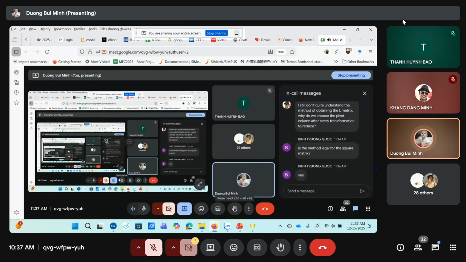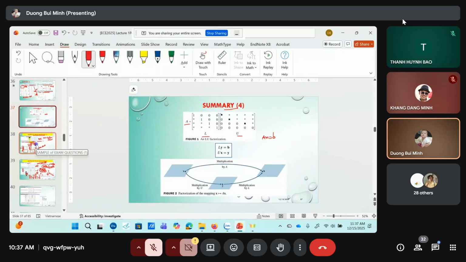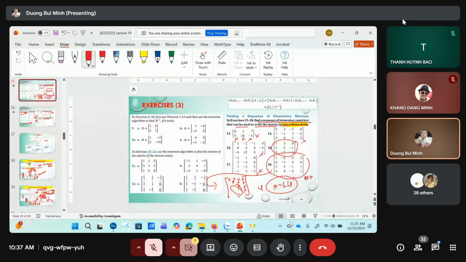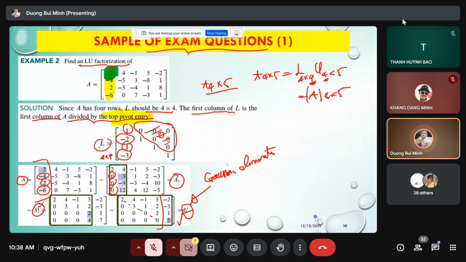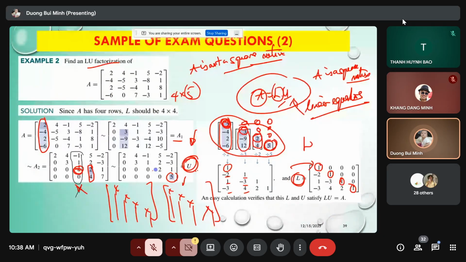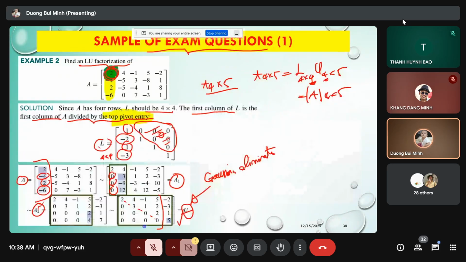So why choose the pivot column after every transformation to reduce? Why do we choose the top pivot here? Because we can make sure we always have the leading entries. Remember that for our LU we have leading entries.